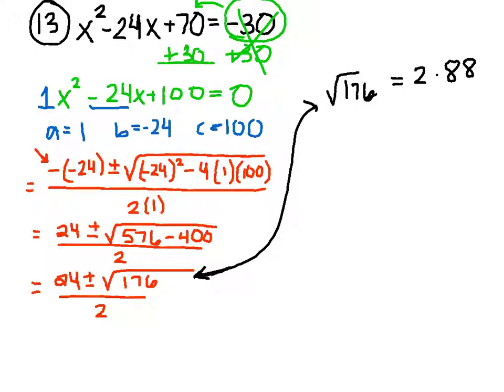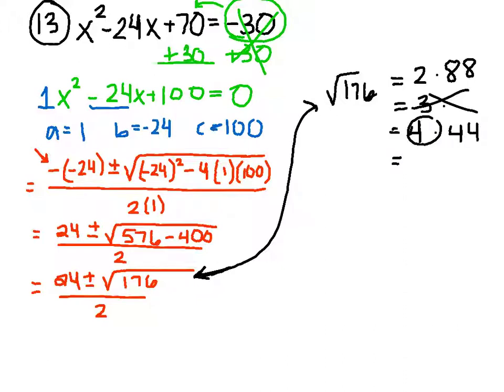Neither one of those are perfect squares, so let's move on. Let's see if 3 times anything gives us 176. So 176 divided by 3, that doesn't go into it evenly. 176 divided by 4, this one works. 4 times 44 will give us 176, and 4 is a perfect square.